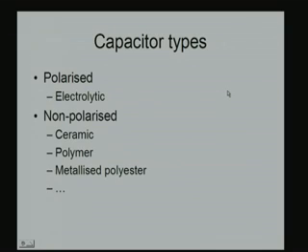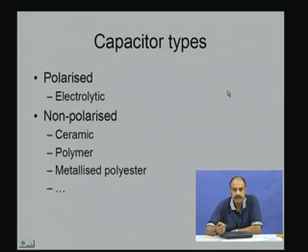The capacitors also come in varied forms, varied types. There are different materials that are used in the manufacture of capacitors. So, you have basically two broad categories of capacitors, the polarized capacitor and the non-polarized capacitor. By polarized capacitor, what I mean is that there are two terminals like in a resistor.